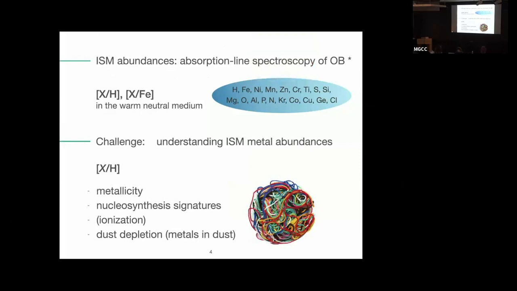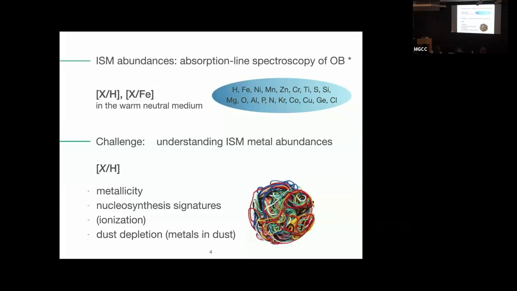Then we could have ionization effects, but in the neutral gas, this is less of a concern because most of the gas is neutral. And then there's the effect of dust depletion, and that's one of the most difficult to get around. So the dust depletion is the fact that the metals in the interstellar medium are actually missing from the observable phase because instead they are incorporated in dust grains.